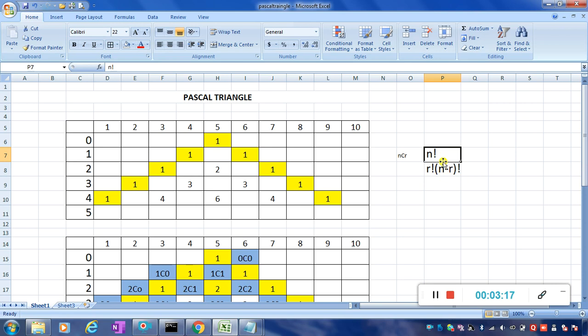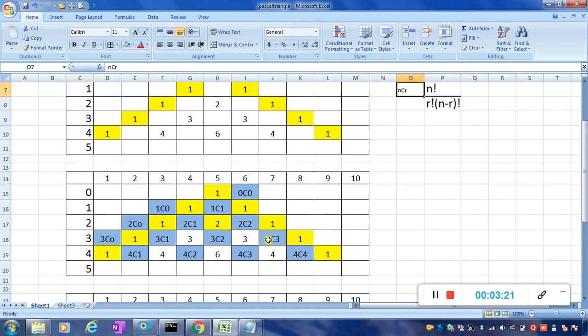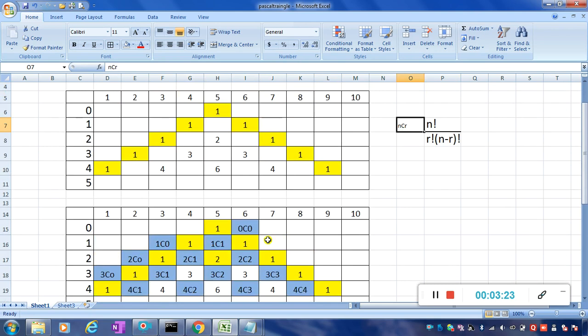I'll write this formula over here for every row. Here n is nothing but the row and r is the element number.